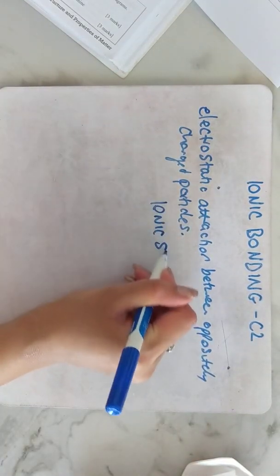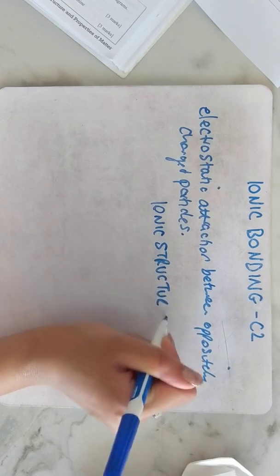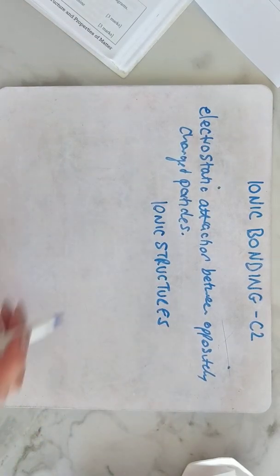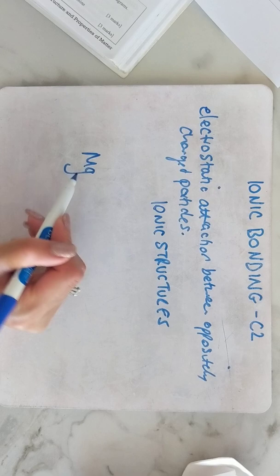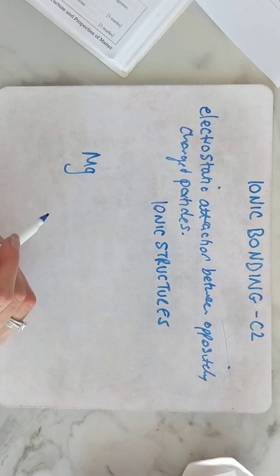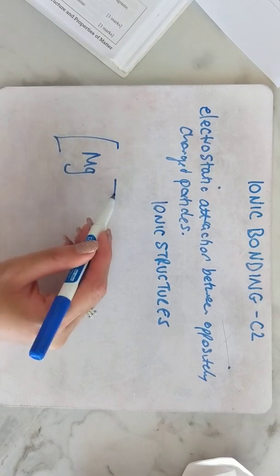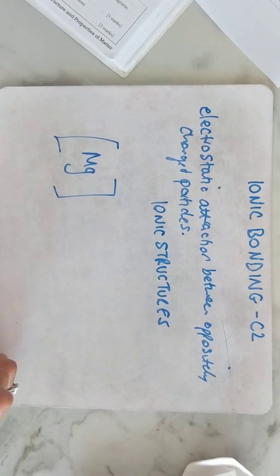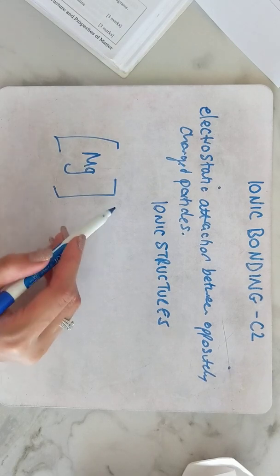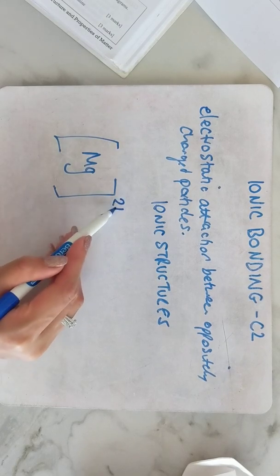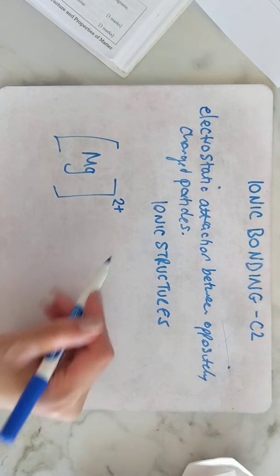Ionic structures include square brackets and a charge. Magnesium, we just saw, lost 2 electrons. So you draw square brackets, this is for an ion, with the charge in the corner. Magnesium, having lost 2 electrons, has a 2+ charge.